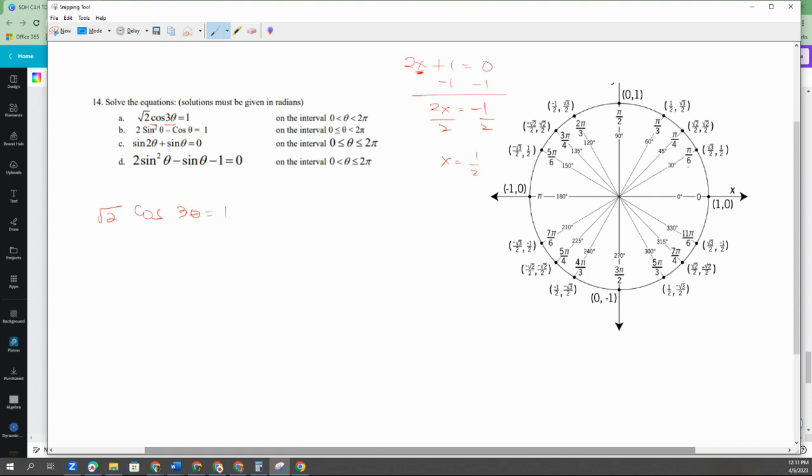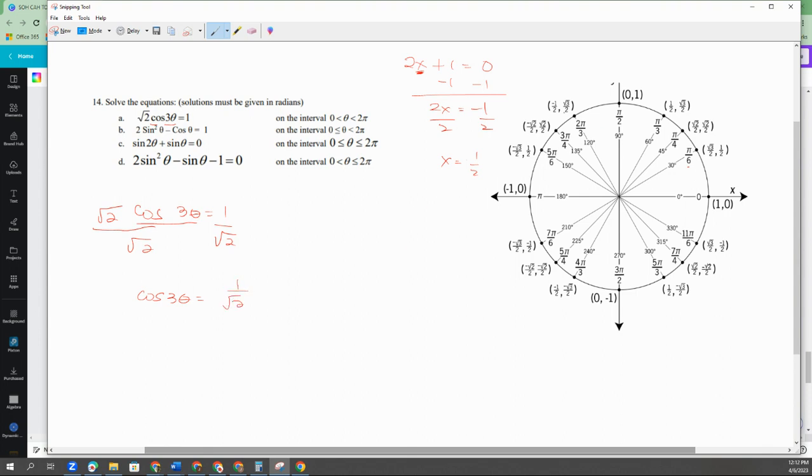You need to isolate your trig function, the cosine, sine, or tangent with its angle. You need to isolate that. So in this case, we just have to divide everything by square root of 2. Okay, so now your cosine 3 theta is just going to be equal to 1 over square root of 2.